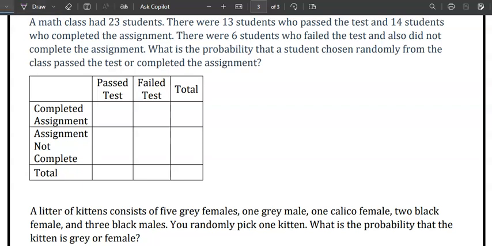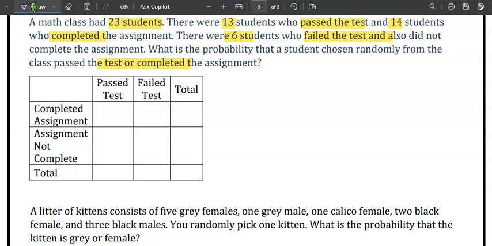A math class had 23 students. There were 13 students who passed the test and 14 students who completed the assignment. There were 6 students who failed the test and also did not complete the assignment. What is the probability that a student chosen randomly from the class passed the test or completed the assignment?